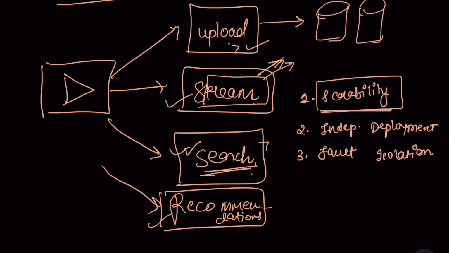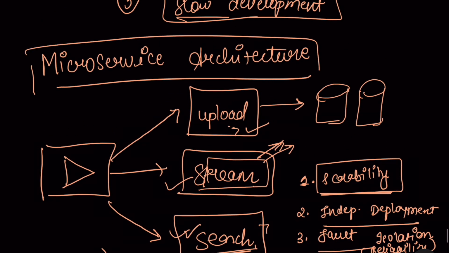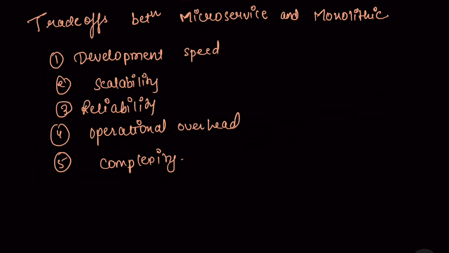Since each service is operating independently, if one of the services fails, let's say the recommendation service is failing, it won't affect or bring down the entire platform, and this is going to improve the reliability of the system. So yes, these are the advantages of using a microservice architecture. And now if we talk about the trade-offs between a microservice and a monolithic architecture, we will start with the development speed.